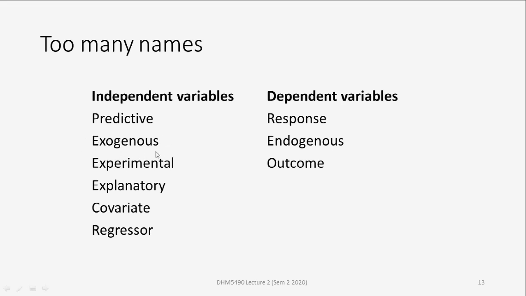This word exogenous means outside, out of the system, out there. So, when you are conducting a research, you view those variables as factors in a system. Some changes in some factors will affect the changes in other factors. And the change happened because there are changes outside the system.